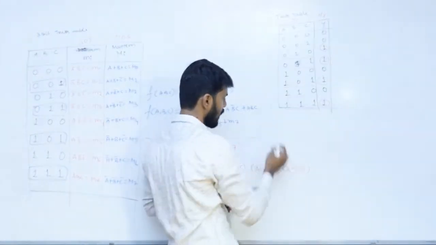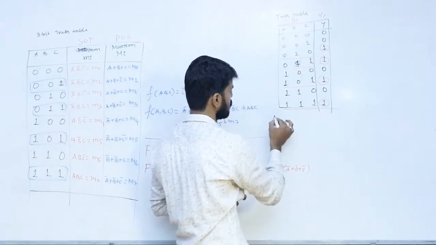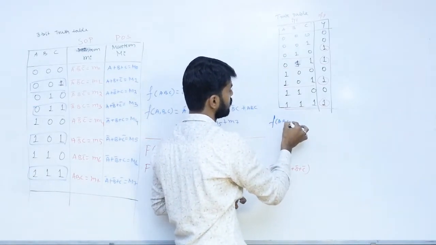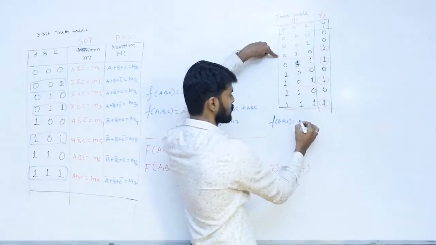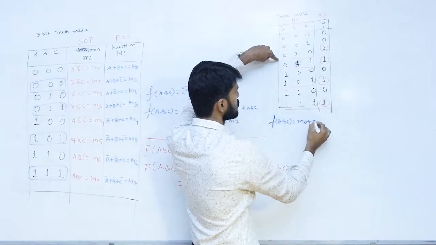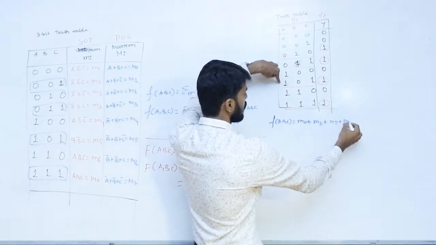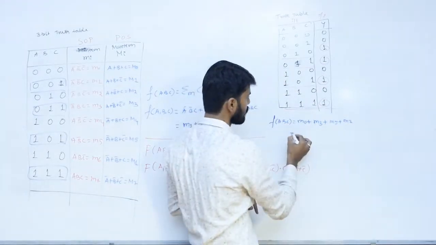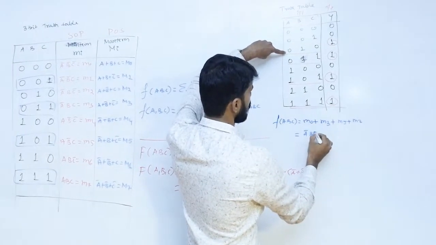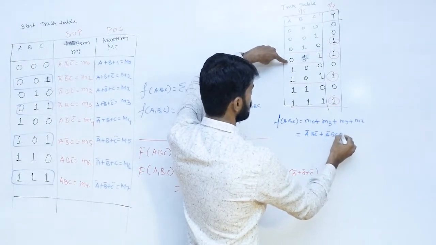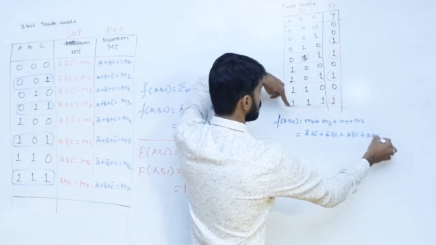So from this, I can write an equation f of ABC equal to, in two representations, M2 plus M3 plus M5 plus M7. Or I can write it the other way around: A bar B C bar plus A bar B C plus A B bar C plus ABC.